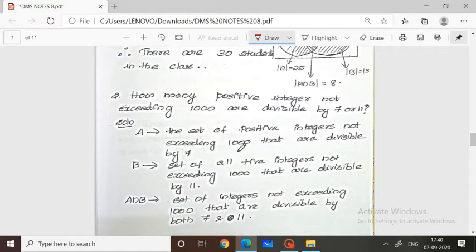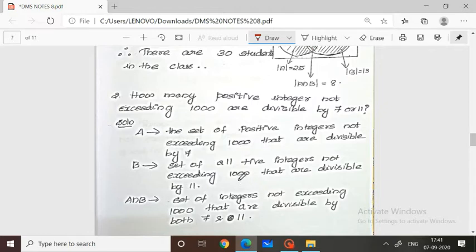So here the question is not like the previous case, where the details were clearly given.